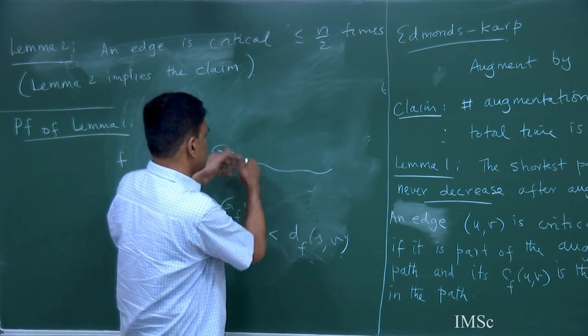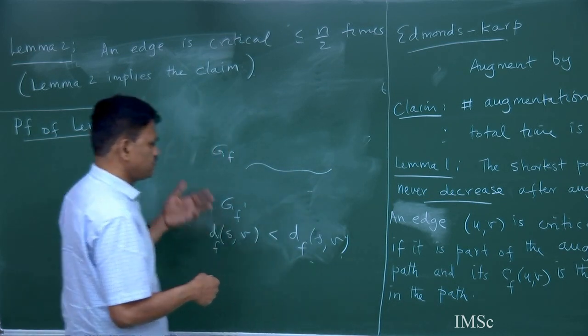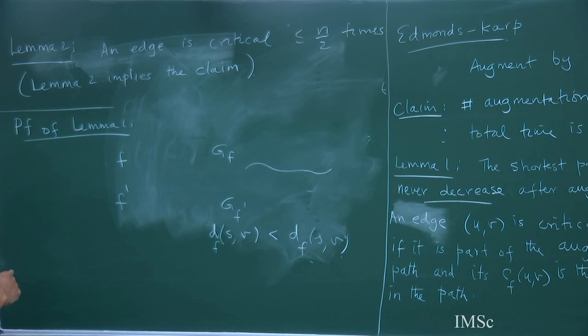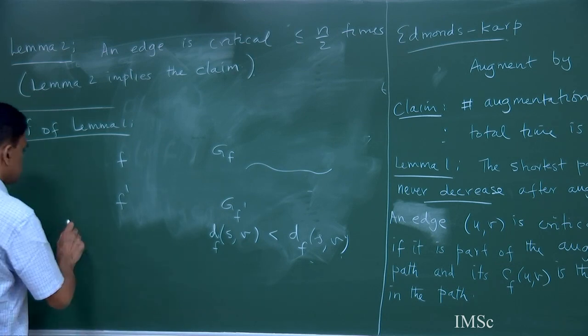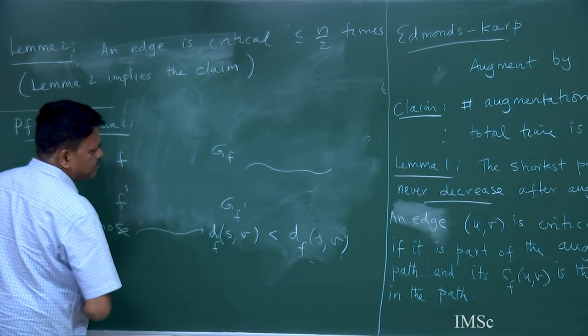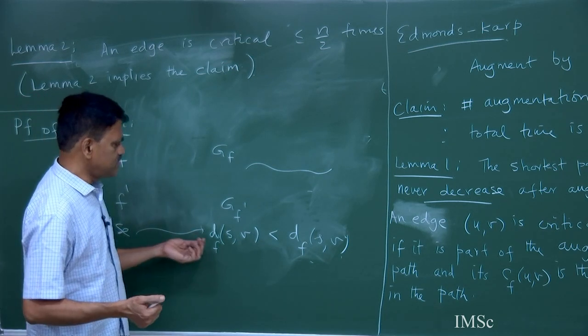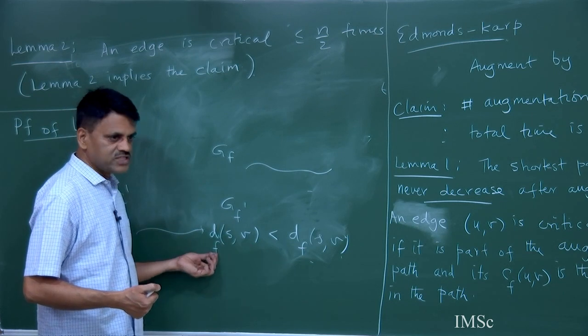So F is the flow before this augmentation. I want to arrive at some contradiction. Okay, so suppose d_F' (S,V) is less than d_F (S,V). So this notation means the length of the shortest path from S to V in G F prime.